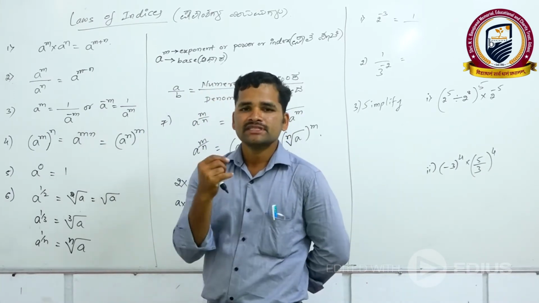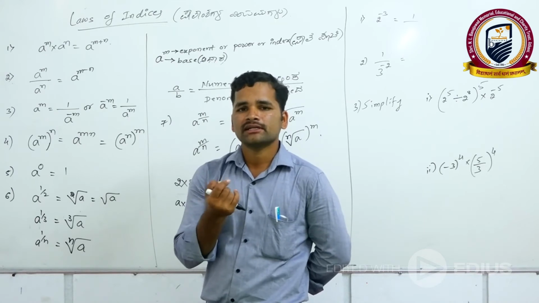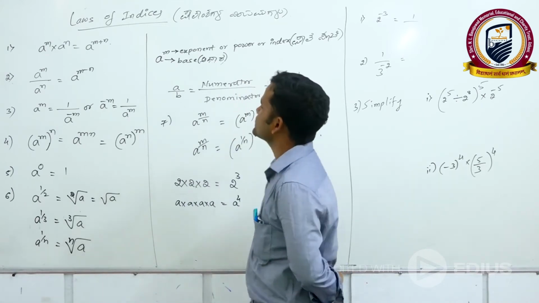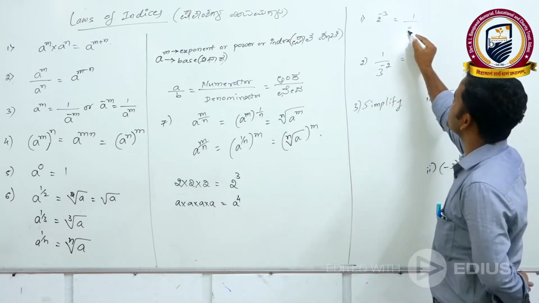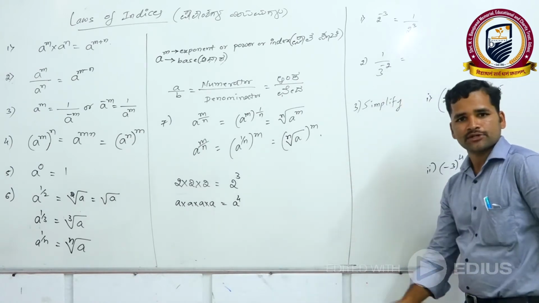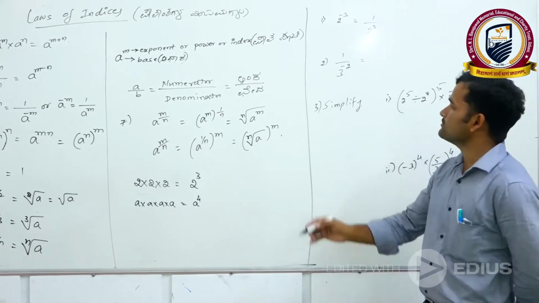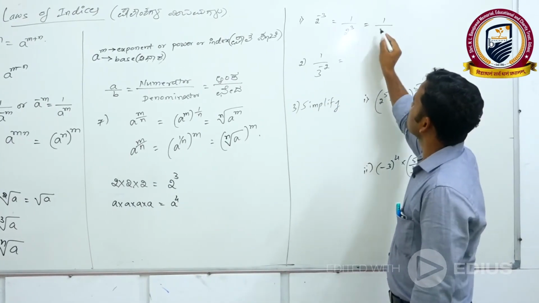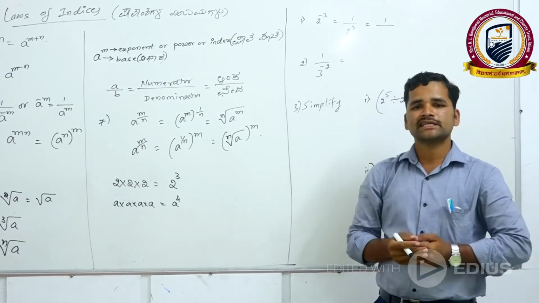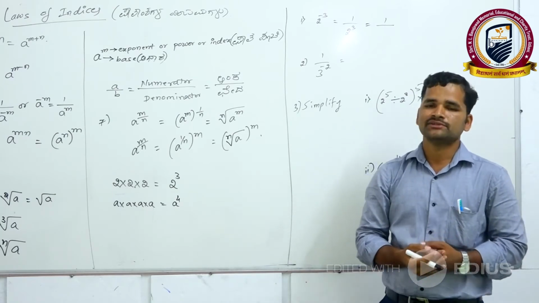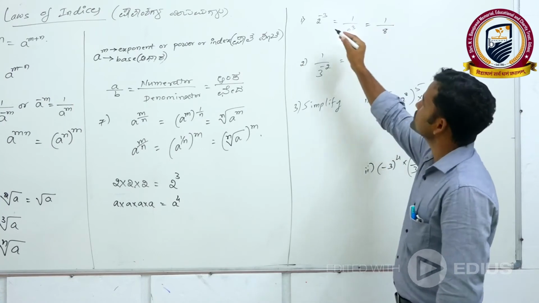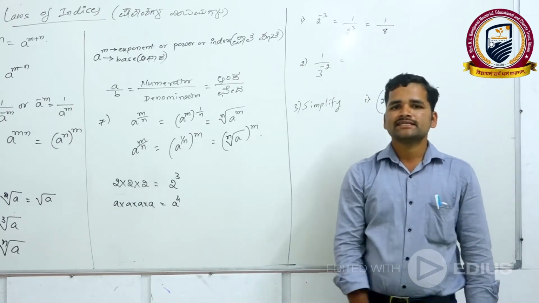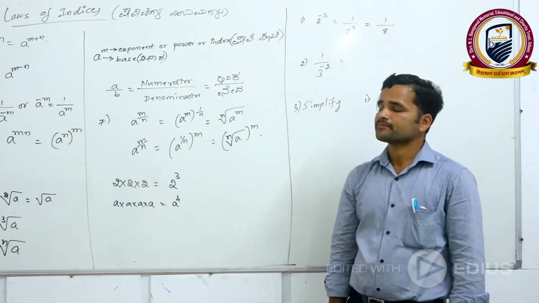That is, we are taking a term from the numerator to the denominator, and its sign changes. 1 by 2 raised to 3 means 2 is getting multiplied 3 times: 2 into 2 into 2. Its answer is 8. So 2 to the power of minus 3 is nothing but 1 by 8.